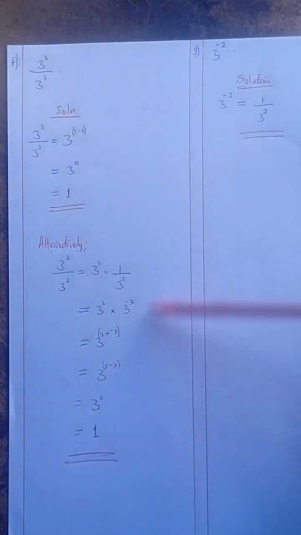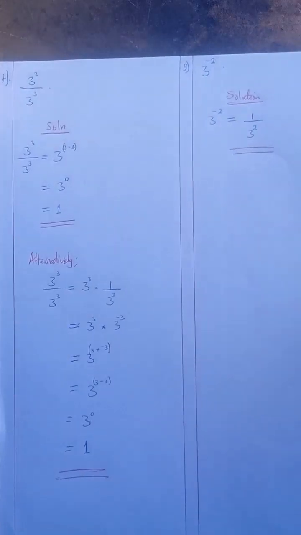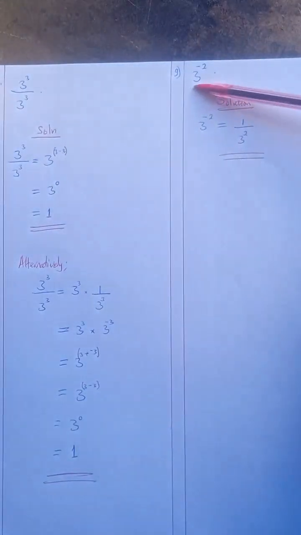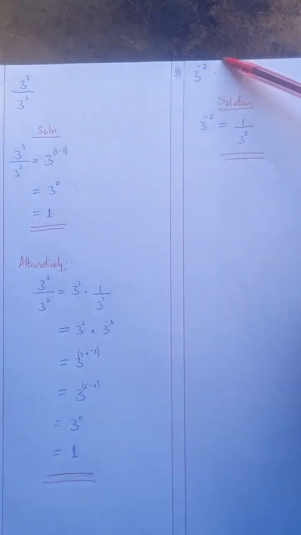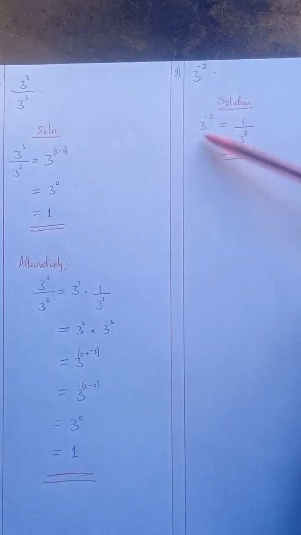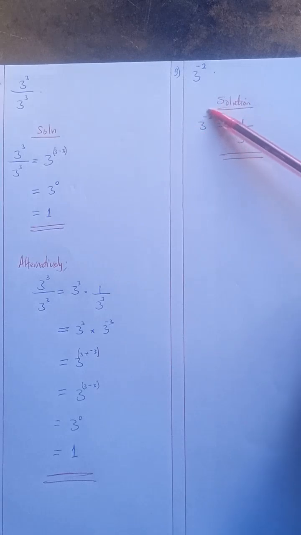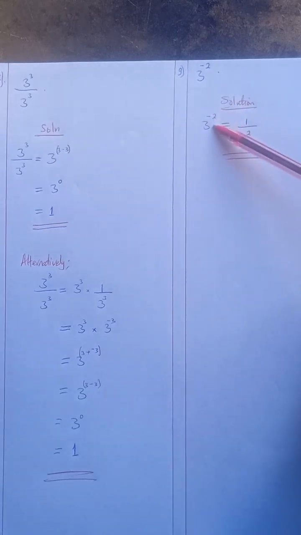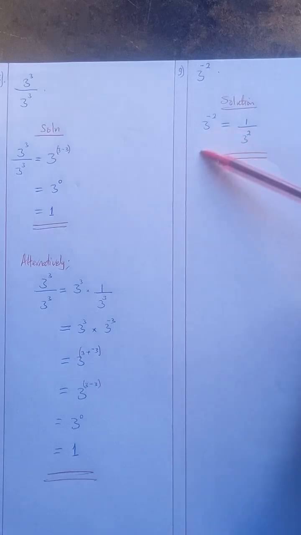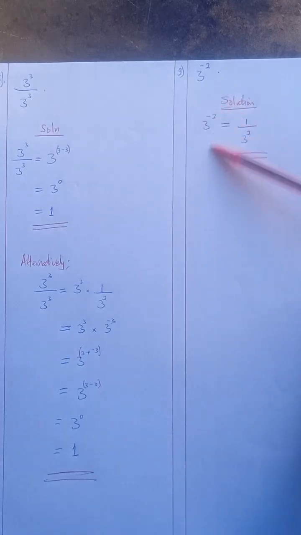Now let us go to part G. In part G, we have 3 to power negative 2. In our solution, we begin by writing 3 to power negative 2. Since we want to do away with the negative, and we know 3 to the power negative 2 does not have a denominator, which means the denominator is a silent 1, we just bring it down.